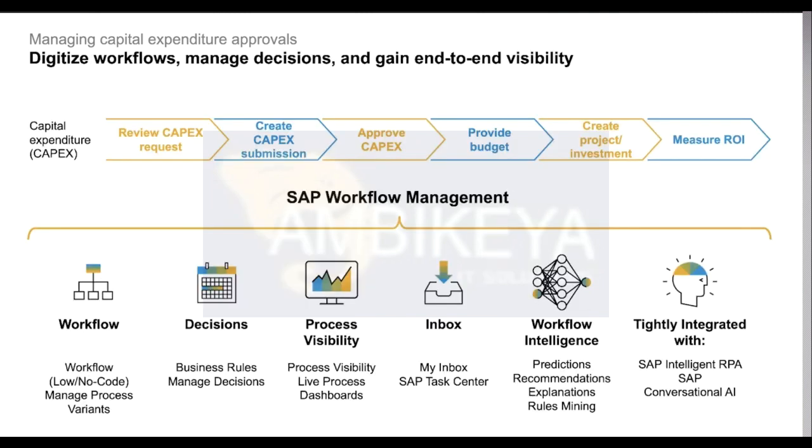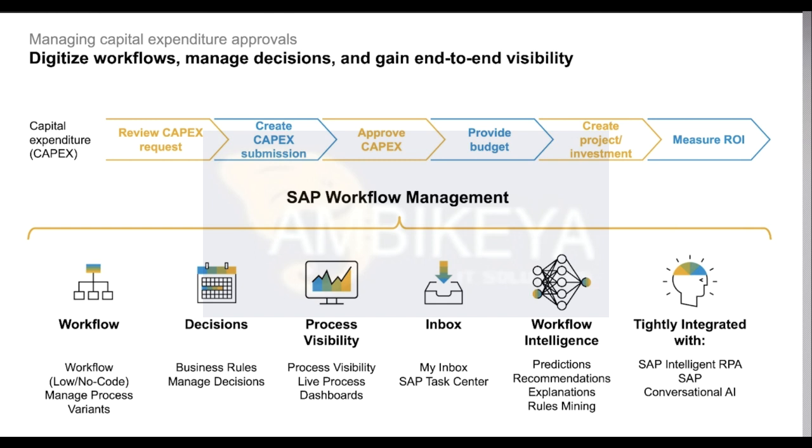When we take a look, most likely such an approval process could look like this. Someone would review this CapEx request, then a submission will be created. Of course, then the approval is going on, and as I said, this could sum up to different levels of approvals. Then the budget will be provided. Then the investment will be done, for example, a project will be created.